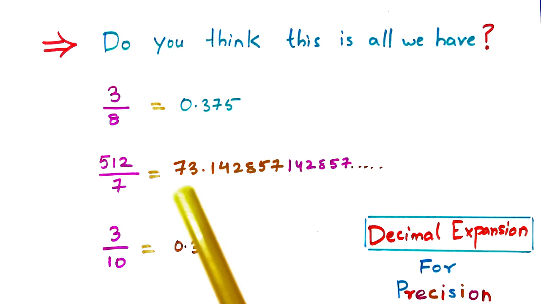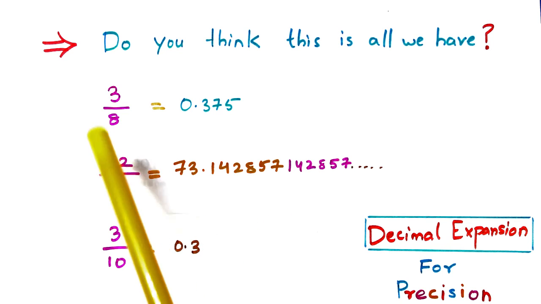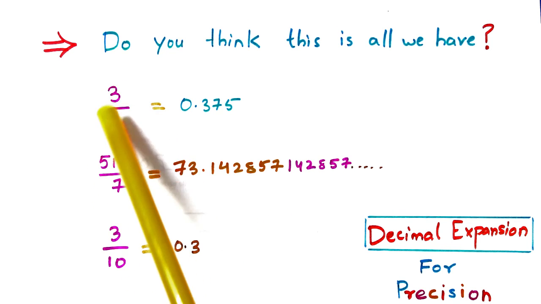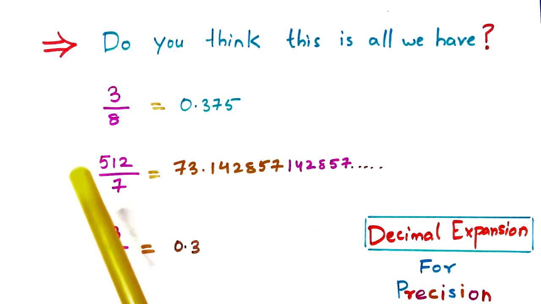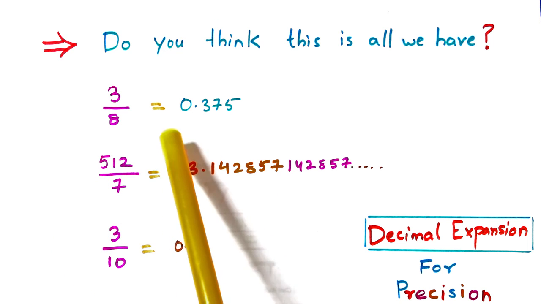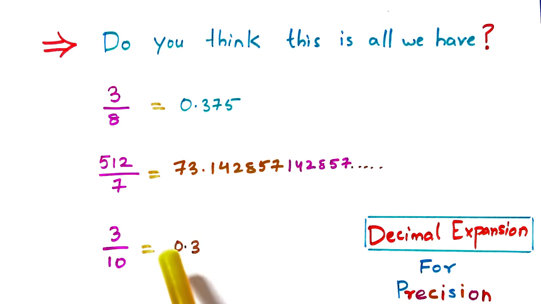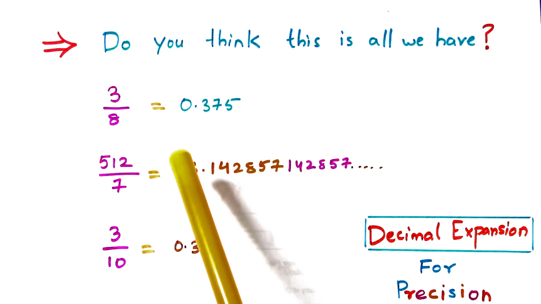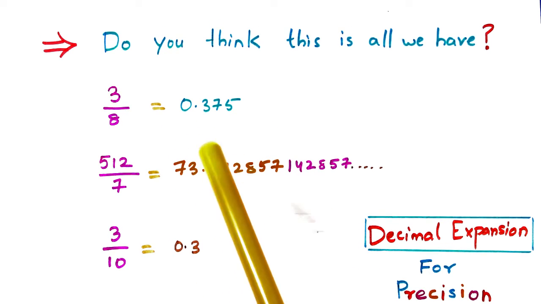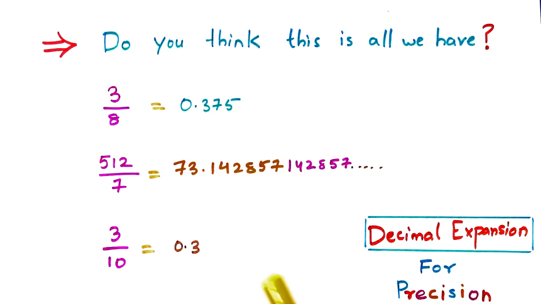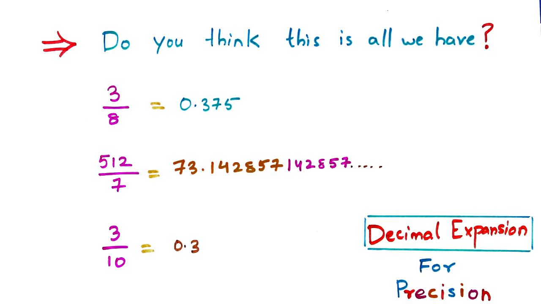All right, so what if we actually divide these two numbers right over here? Let's see what we can get. By dividing 3 by 8, we get 0.375. Another type of number, which we call a decimal number, is the decimal expansion of fraction numbers.